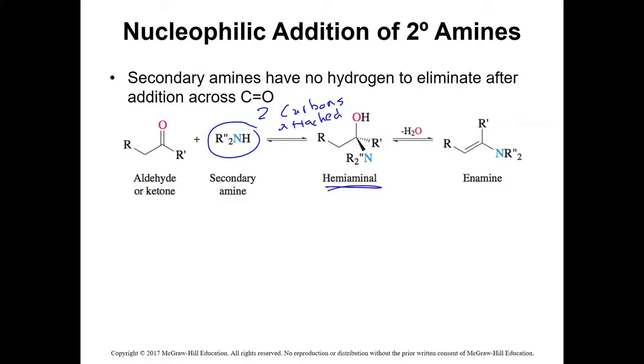We again get our hemi-aminal intermediate, where we add on that nitrogen similar to how we would add on an alcohol. But again, we're eliminating water to get to our final product.